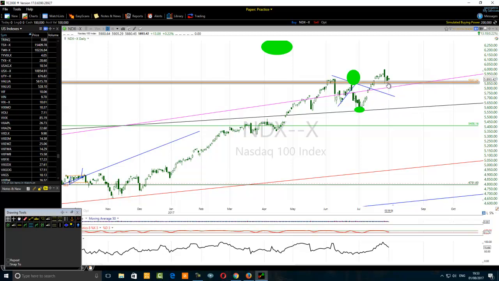All right, so now we are retesting that 5857. We broke above, and we are retesting it now on a daily chart. This is a bullish trading setup on the daily chart, not on the monthly chart. On a monthly chart, one may say this is a bullish signal.